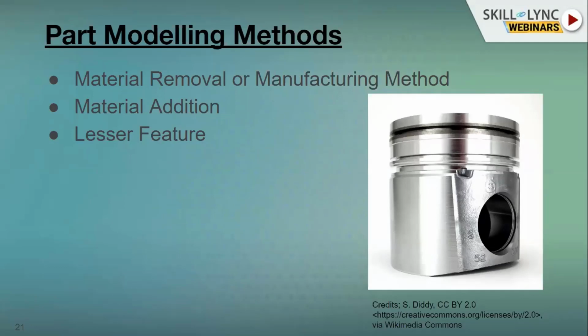And then material addition, this is nothing but building, adding each feature one after another to bring out the final design. And then the loft feature, which means we make all the features, all the cross sections into a single sketch, and making them is called loft feature.